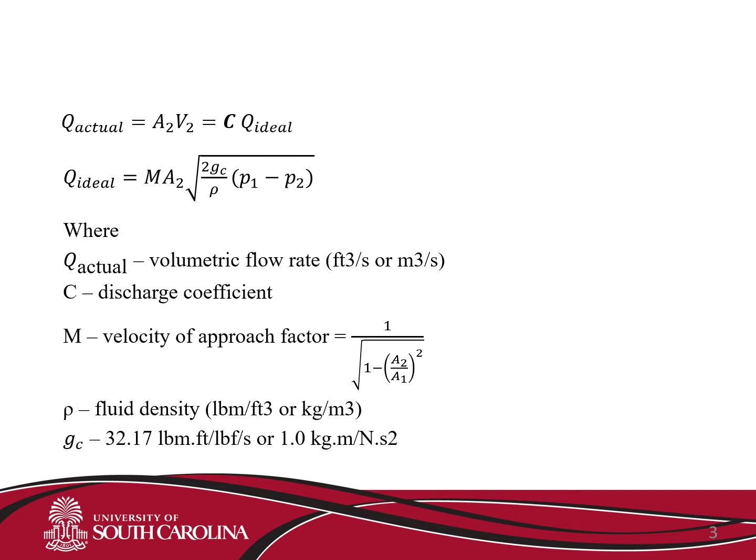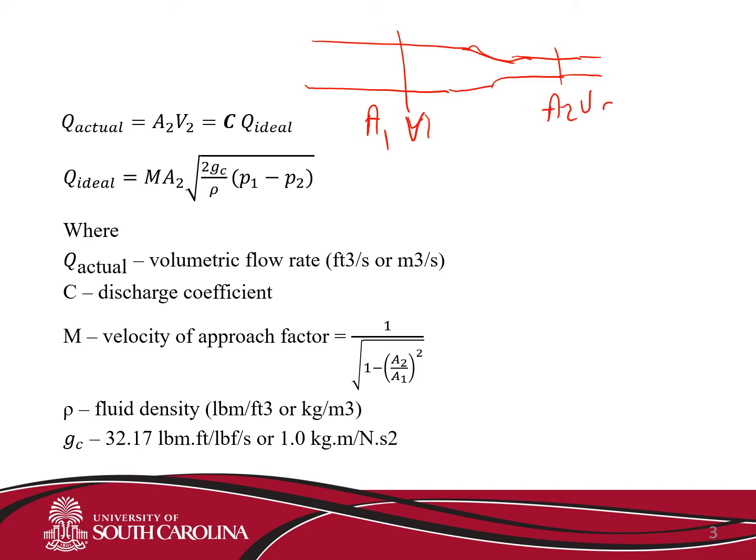To find the relationship between actual flow rate and the pressure drop, you need to use the continuity equation. From the continuity equation, we can see the Venturi, this is A1, V1, A2, V2.